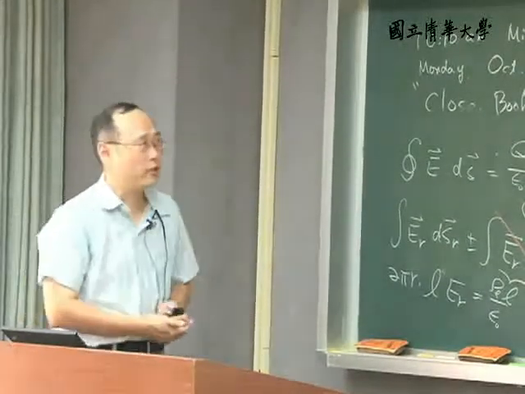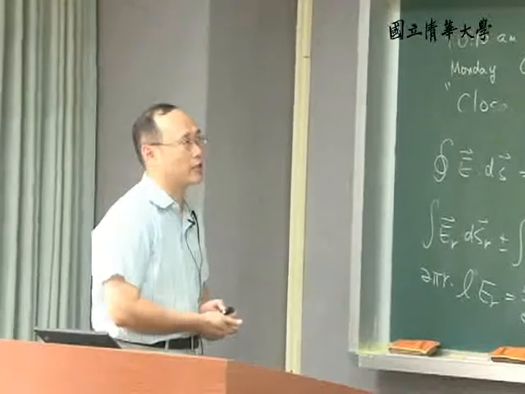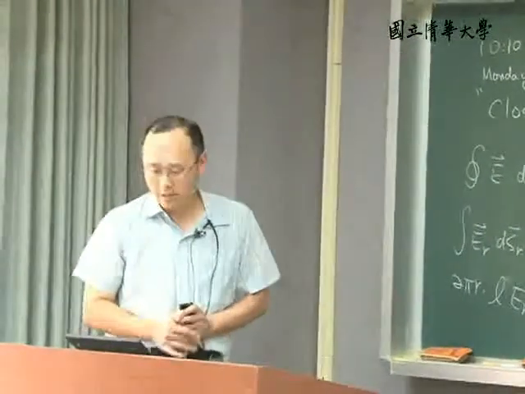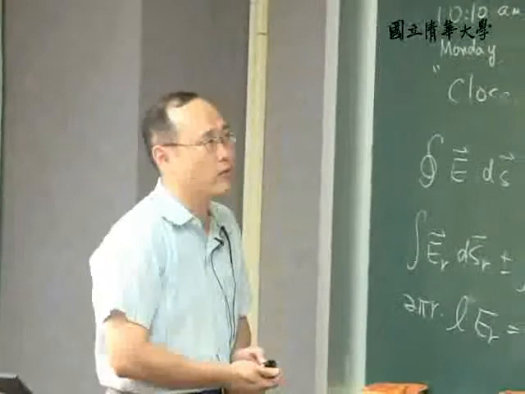Okay, the reason we can have this Gaussian surface is because this line is infinitely long. Suppose we have a line with a finite length.